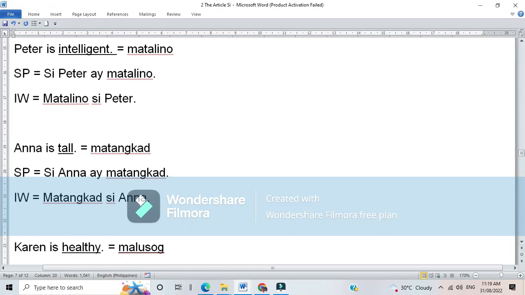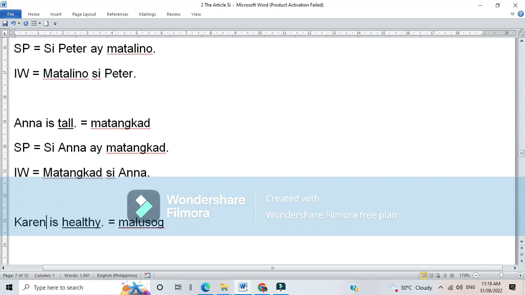Okay, let us try more examples. Next, Karen is healthy. Healthy in Tagalog is malusog. Let's try first the subject predicate sentence. The subject is Karen, and what is the marker to be used? That is si Karen. Since we are using the subject predicate order, you are required to use what word?